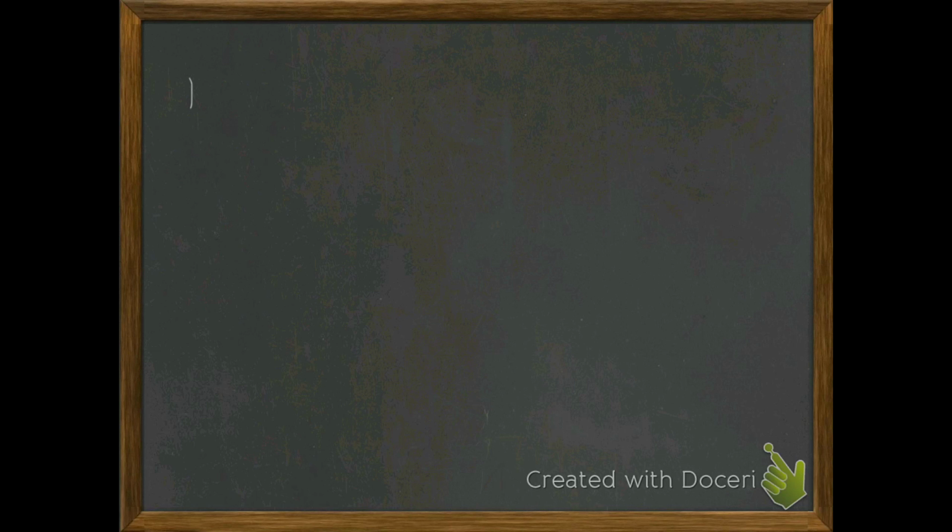Now, let's say that we want to take a look at the error rate of a machine. In other words, we've got a machine that creates a particular product, let's just say a golf ball.